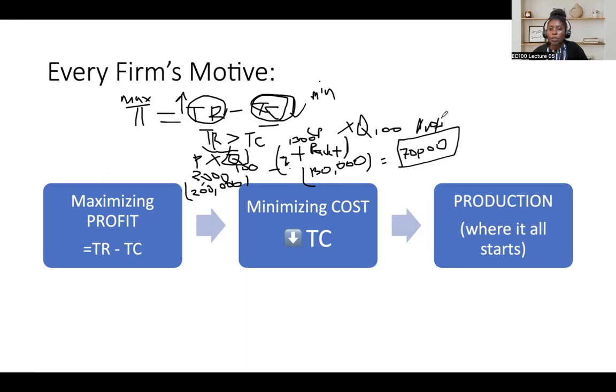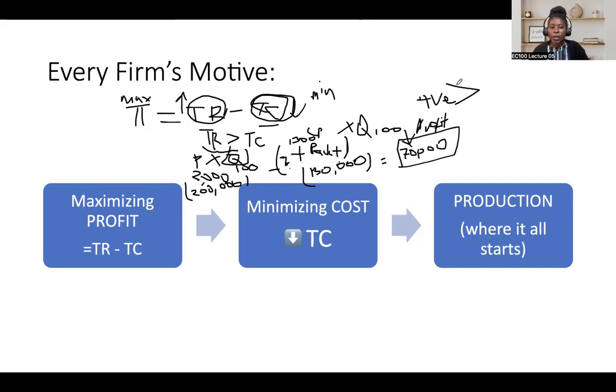Any business, any seller, any producer, their aim is to realize this figure in a way that it's positive. First is to have a positive figure, and then for this figure to be as maximum as possible.